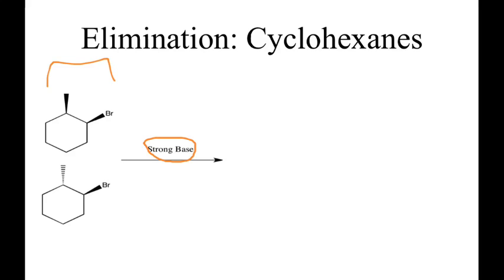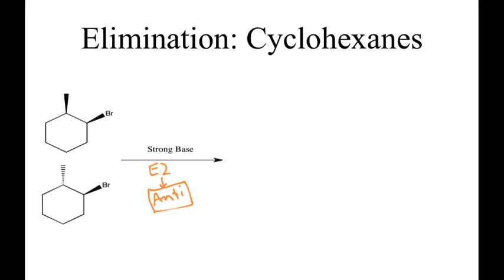That's right, we're looking at an E2 elimination. So everything has to happen at once, and this is where this gets tricky. Strong base means E2, which also means we must have the anti-alignment for our double bond formation. We'll come back to that anti here in just a second.